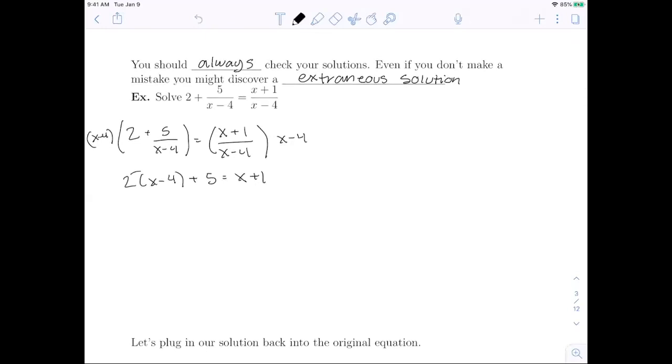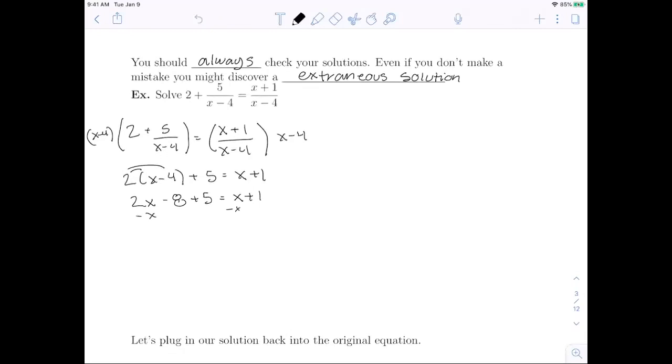I'm going to distribute this: 2x minus 8 plus 5 equals x plus 1. I'm going to subtract x on both sides. So I get x, what's negative 8 plus 5? Negative 3 equaling 1. So x equals 4.